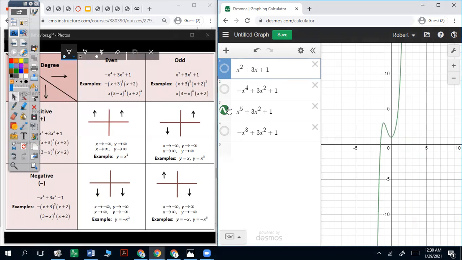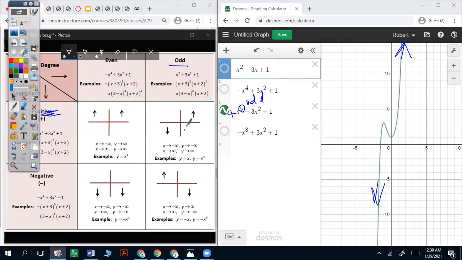When you change that to a positive leading coefficient with an odd degree, then you see reverse directions on the left and right side. So if it's positive and odd, they're going to be both pointing in opposite directions. It's going to start on the low end, it's going to end on the high end. So your left is going to be as x goes to negative infinity, y goes to negative infinity since it's going left and down.